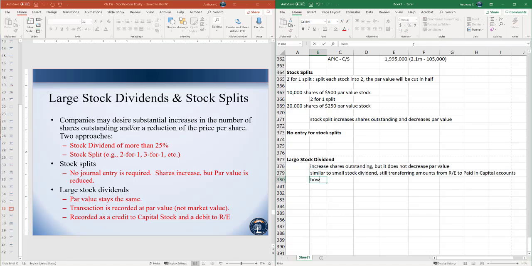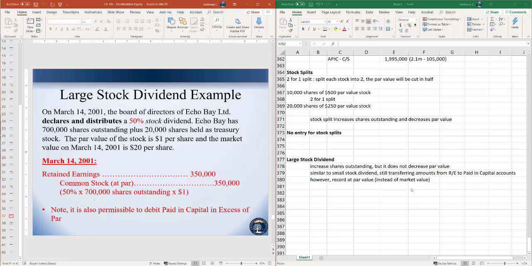However, we record this at par value, instead of market value as in the case of a small stock dividend. Since we're recording it at par value, there's no need for an APIC account, and we use the common stock account to capture that par.